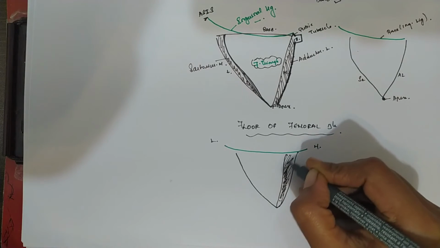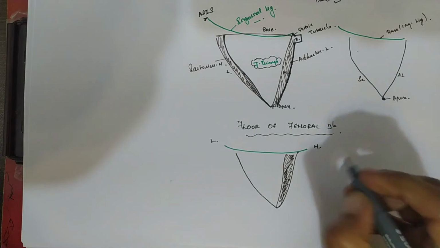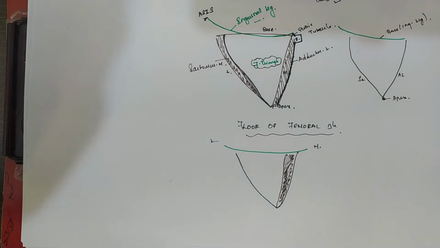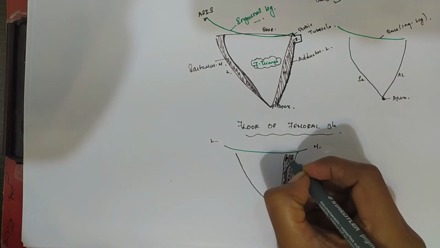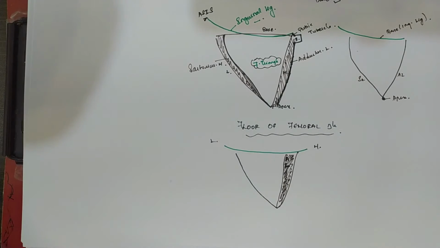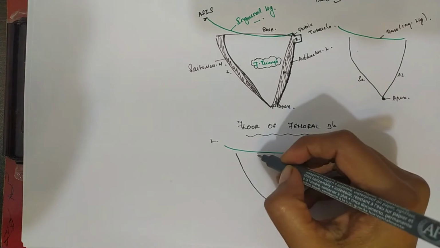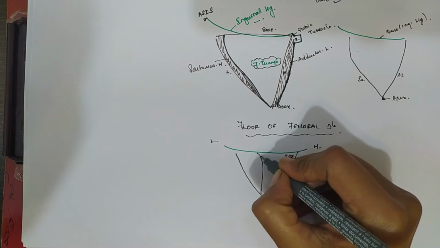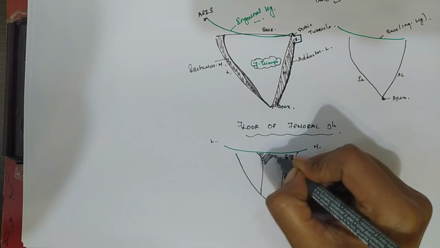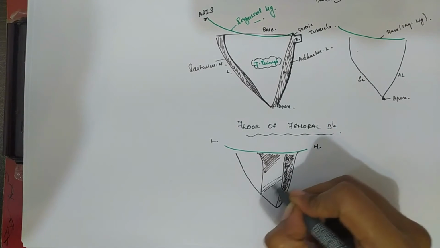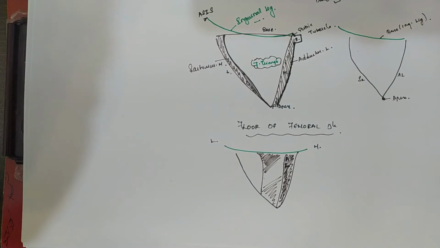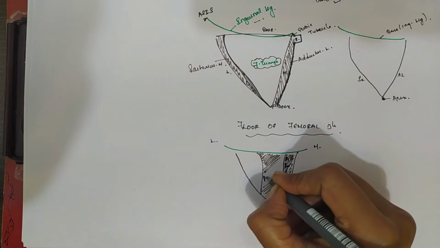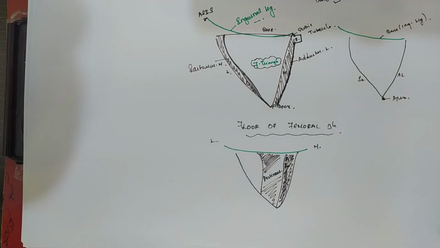The first muscle from medial to lateral is adductor longus. Then, going from medial to lateral, we have one more muscle seen just lateral to adductor longus, that is nothing but the pectineus muscle. So this is the pectineus muscle.